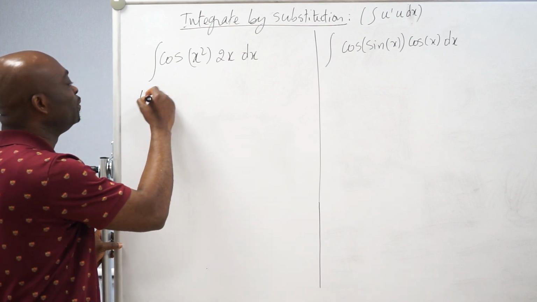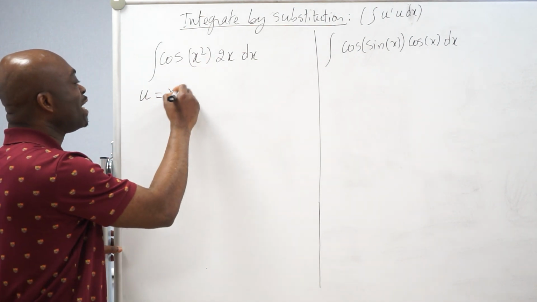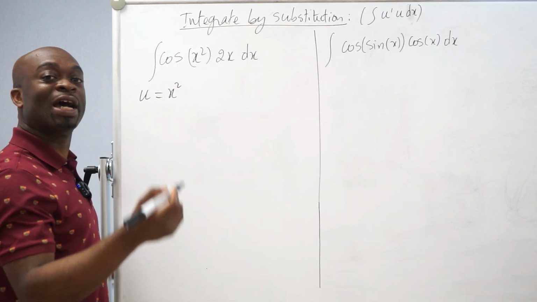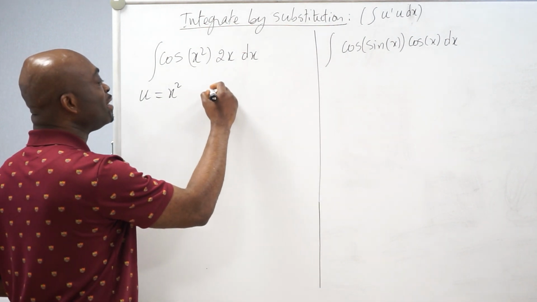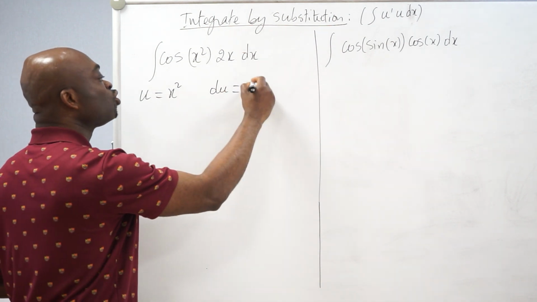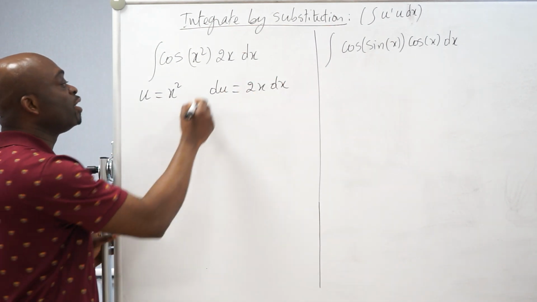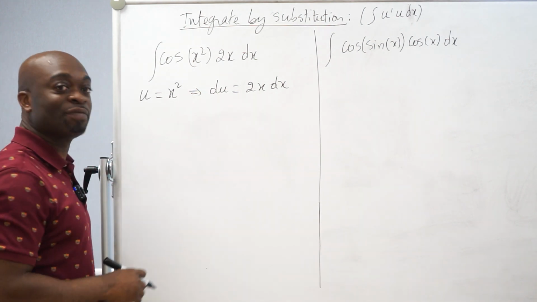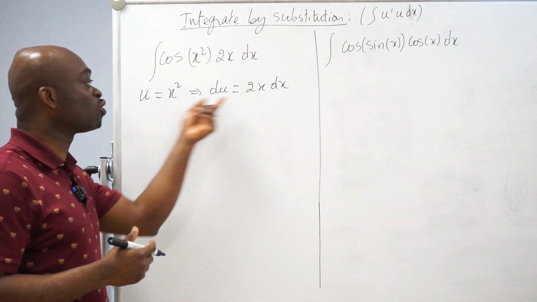We're going to set u as x squared, and then we're going to have to find the derivative of it, right? So that would be the du. The derivative of that is what? 2x dx. So du is equal to 2x dx because the derivative of x squared is 2x.